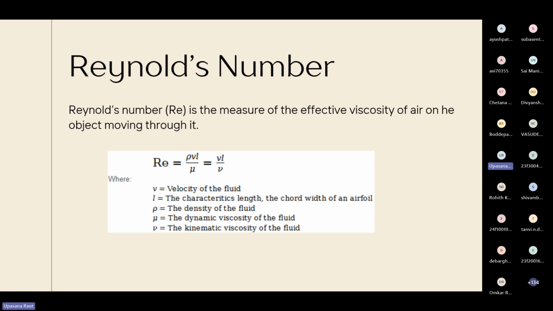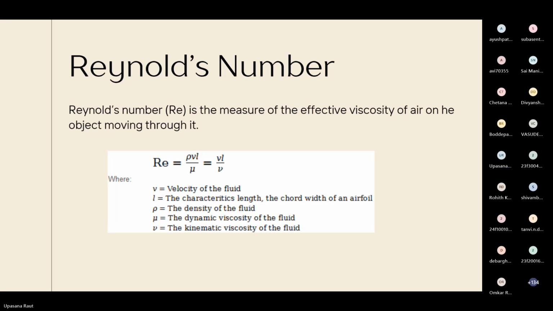What is the dynamic viscosity of fluid? This is the resistance, the viscosity felt by one layer of fluid from the other. So when two layers of fluid are passing through each other, the friction, the resistance which is felt by them is called the dynamic viscosity of fluid.